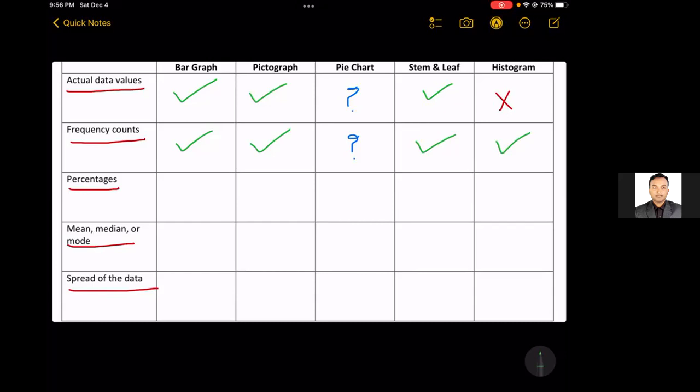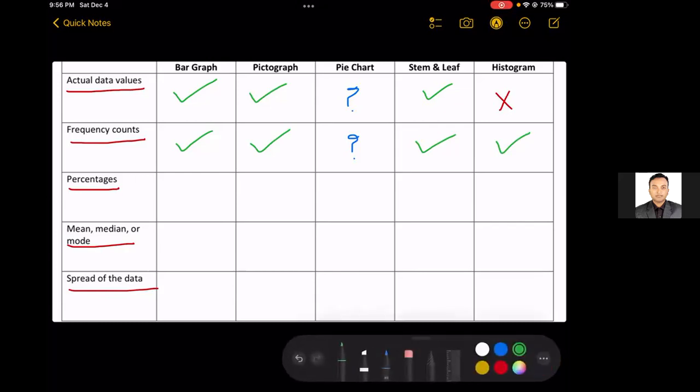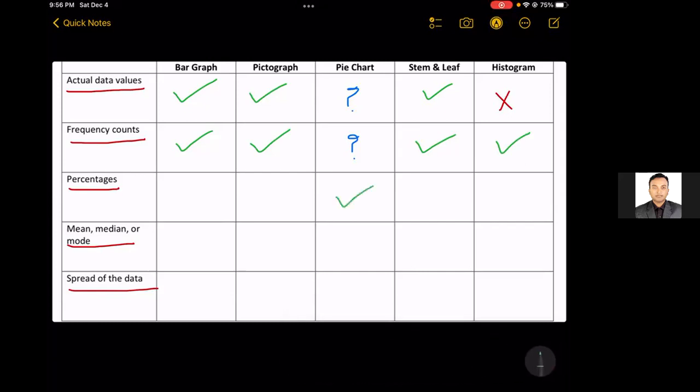So for a given range, you can definitely count the frequency, but not for a precise value. Okay, percentages. Obviously, the percentage is definitely given in the pie chart, because we actually draw using a percentage. We draw pie charts using percentages, so it's definitely given. From a bar graph, we can calculate.